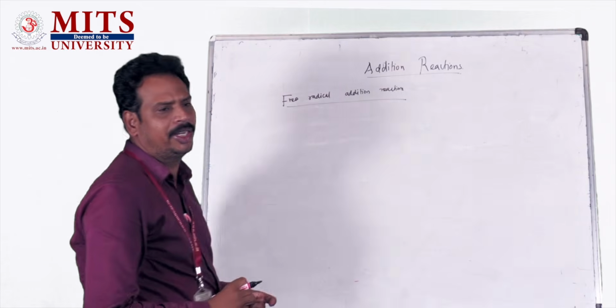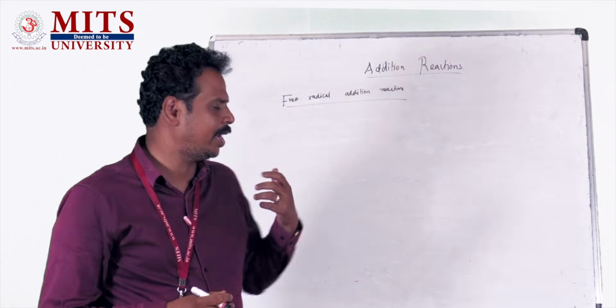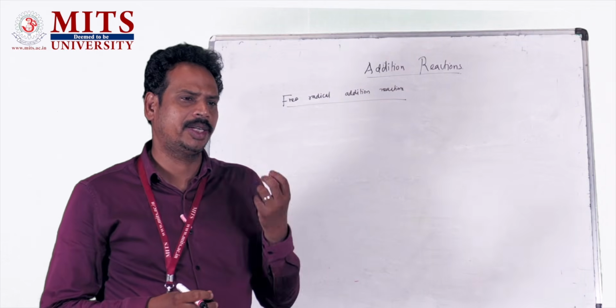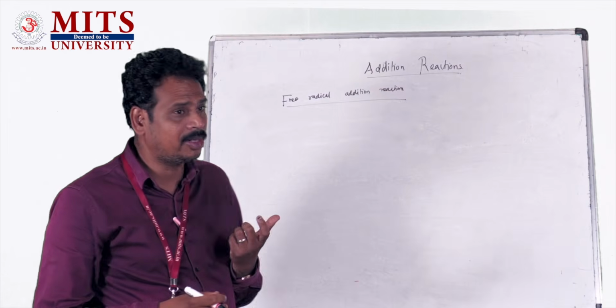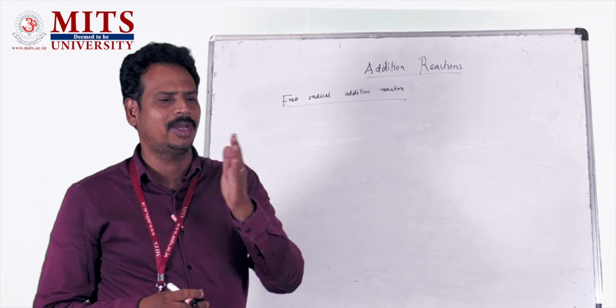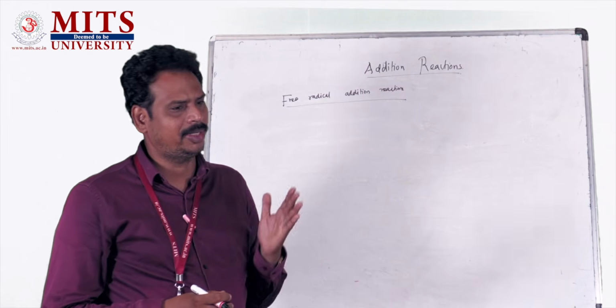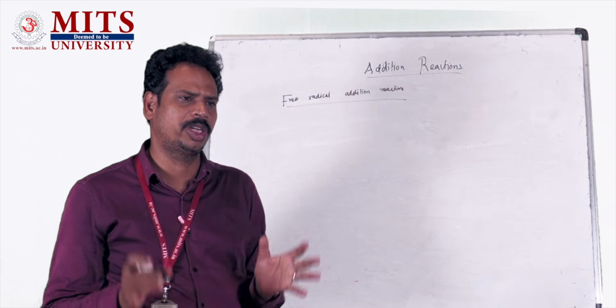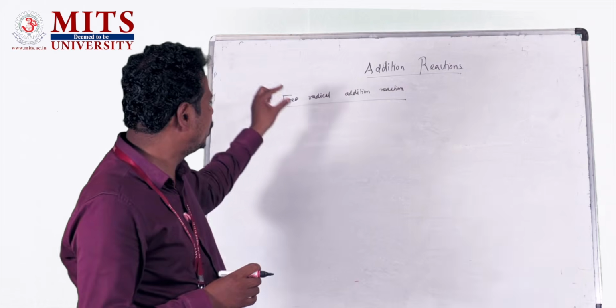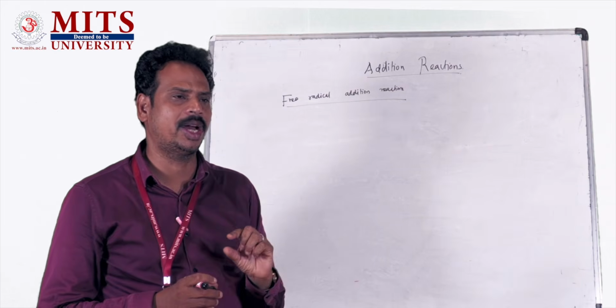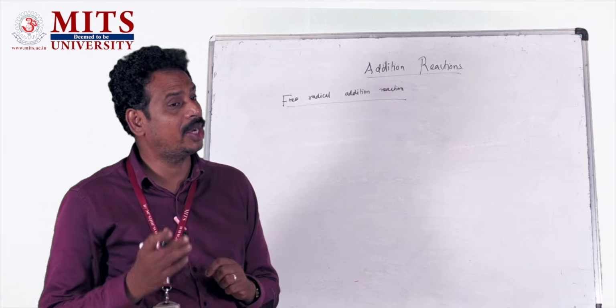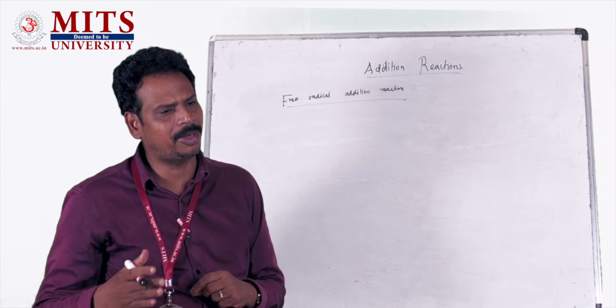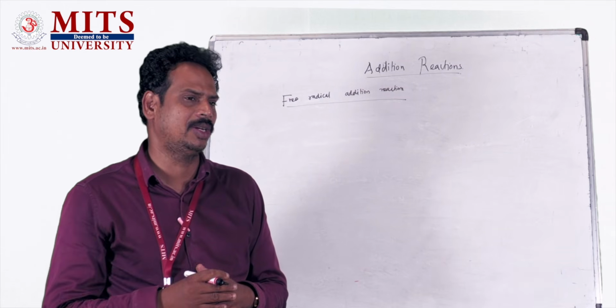So here the definition is a reaction in which the attacking species is a free radical, which attacks an alkene or alkyne, and thereby the pi bond breaks and forms the new sigma bond product. So the attacking species here is a free radical. We know that a free radical is usually obtained by homolytic cleavage.